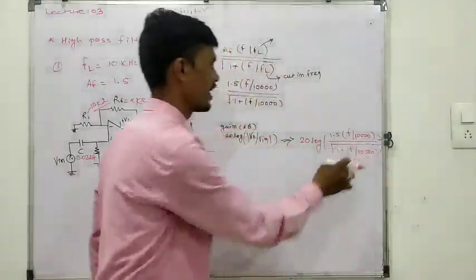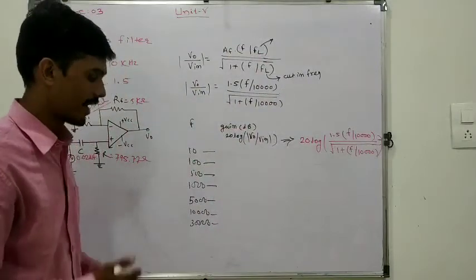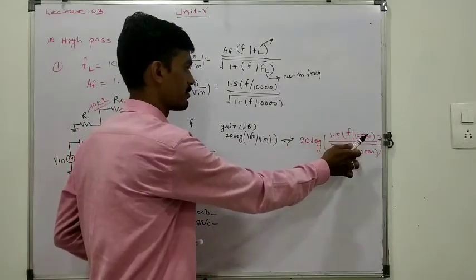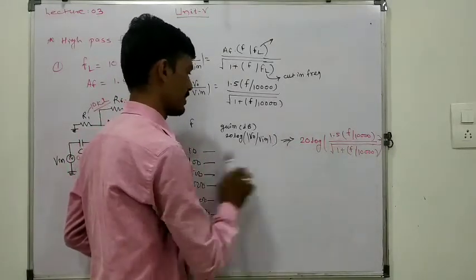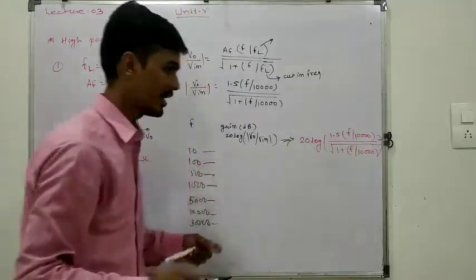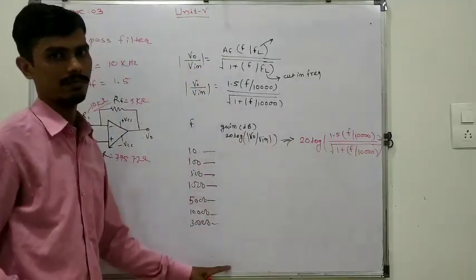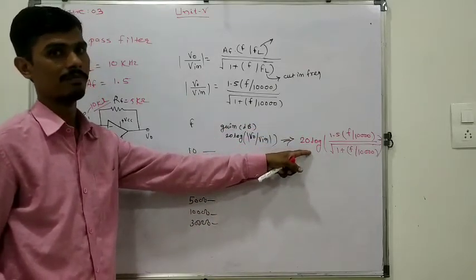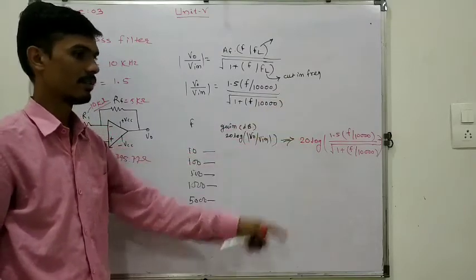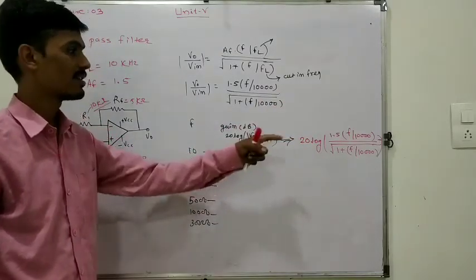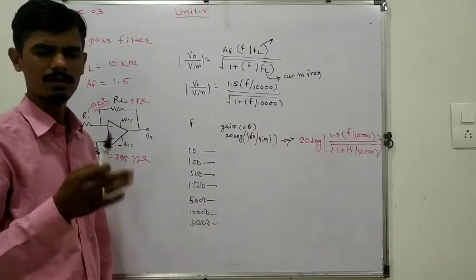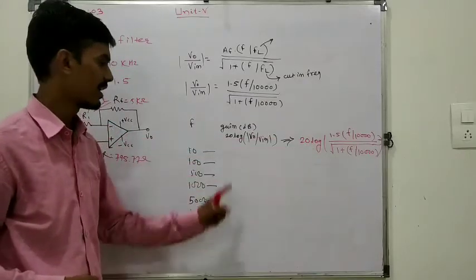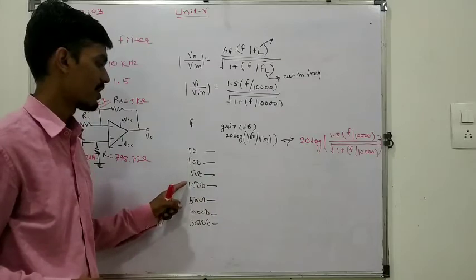Every time we replace this F: the first time F is equal to 10, the second time 100, the third time 500, and whatever value we get, that is in decibel, we write down here. There is no need to write the formula every time, because nowadays calculators have an option for editing.